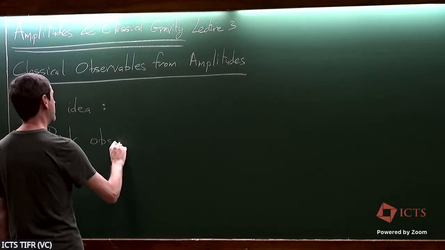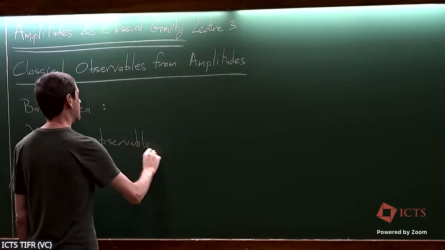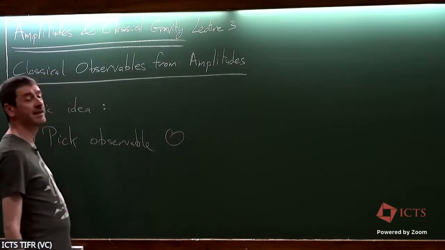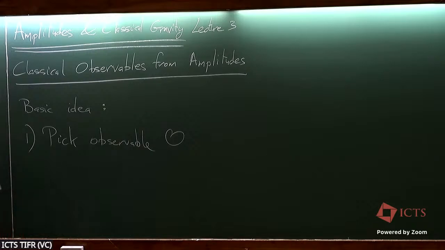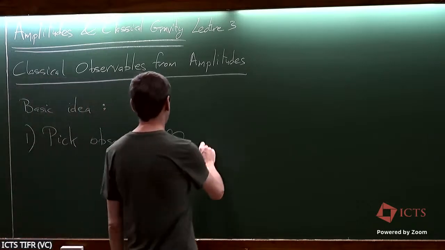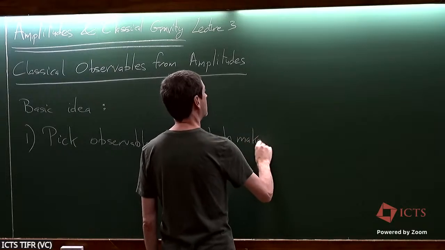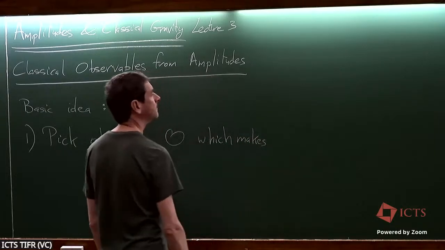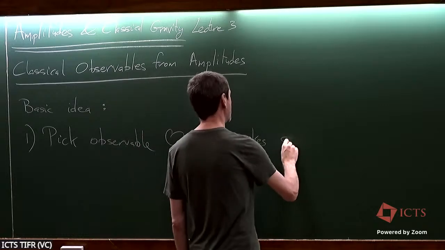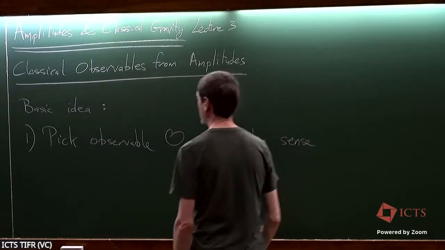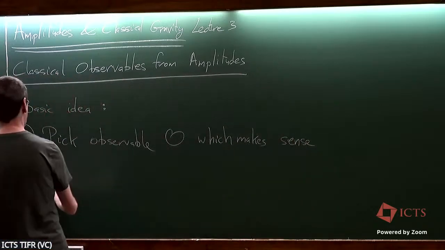I'll call this observable O here. This symbol is not supposed to be a 0, it's an O. So we pick an observable O, which makes sense both classically and in quantum mechanics.